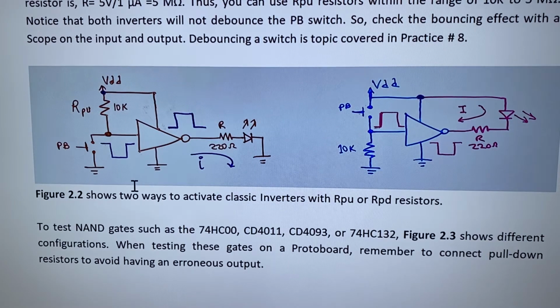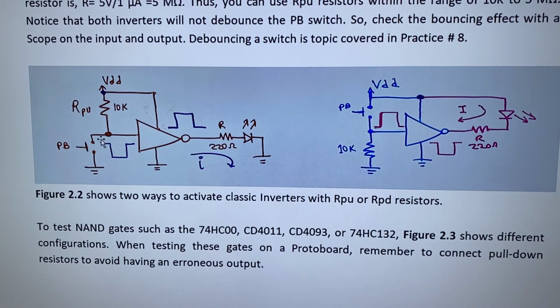Those inverters, of course, you can test by putting a switch here. And to avoid having the switch and the input floating, we place a pull-up resistor, called RPU. That way, when the switch is open, the pull-up resistor pulls this input to VDD, and then you have a logic 1 right here. Because it is an inverter, the output is 0.